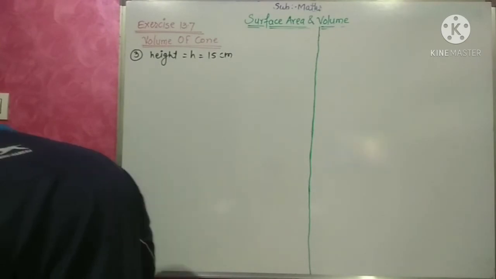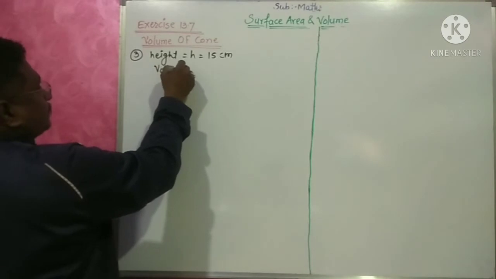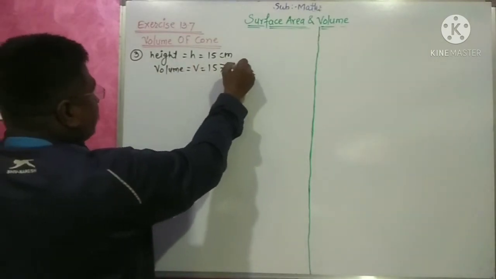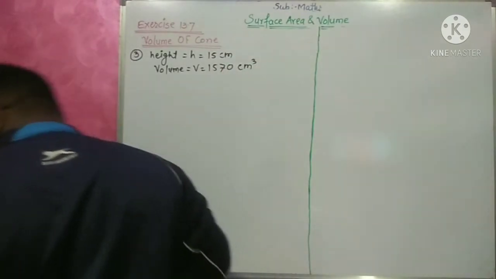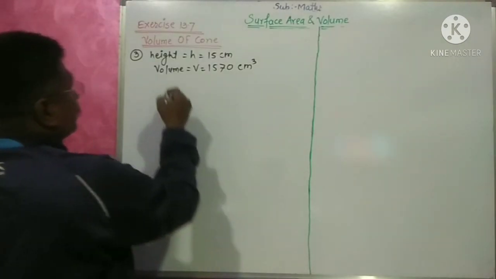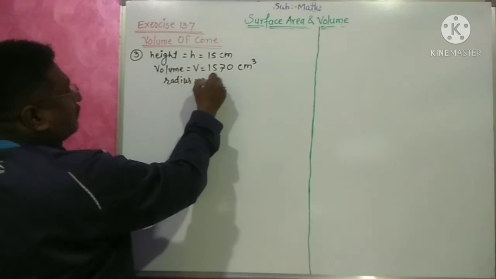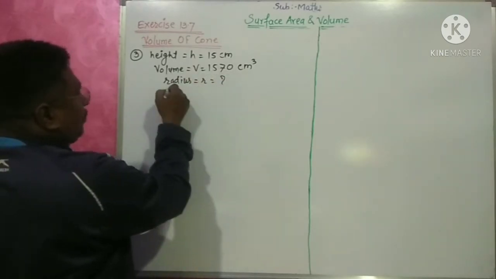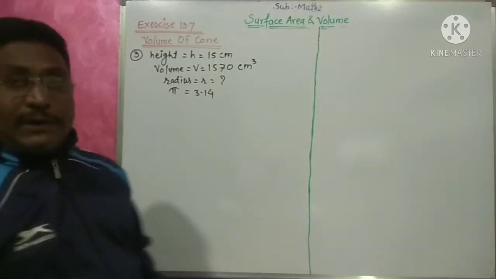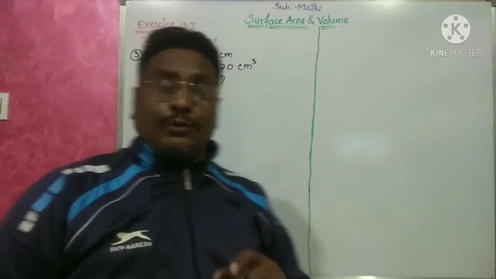If its volume V is 1570 cubic centimeter, find the radius of the base. What do we have to find? Radius, r. And the value of pi is given, 3.14. Whatever value of pi is given, that value only we have to use.